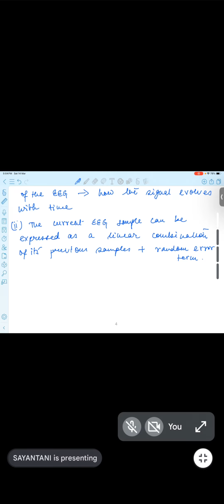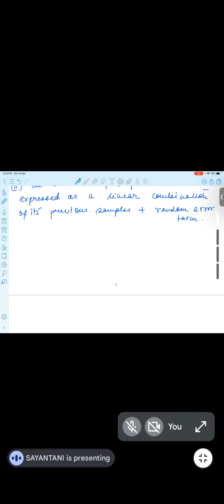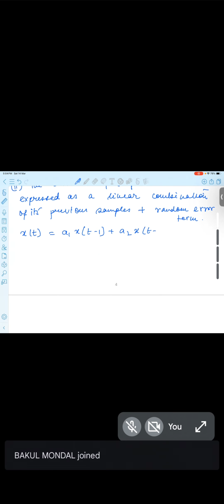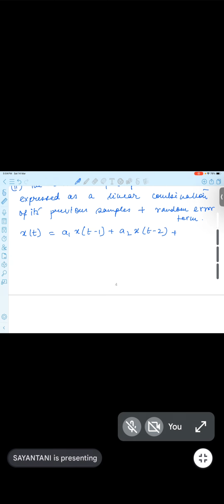Okay. So mathematically what we can write is that this signal x(t) equals a1 x(t minus 1) plus a2 x(t minus 2), and this can continue till ap x(t minus p), plus some error term.